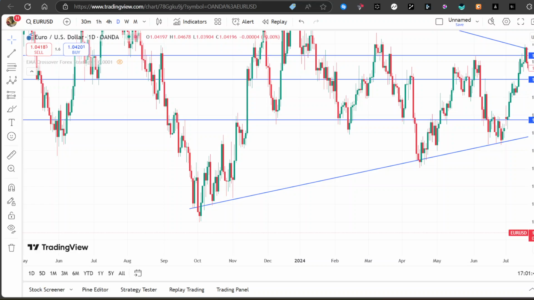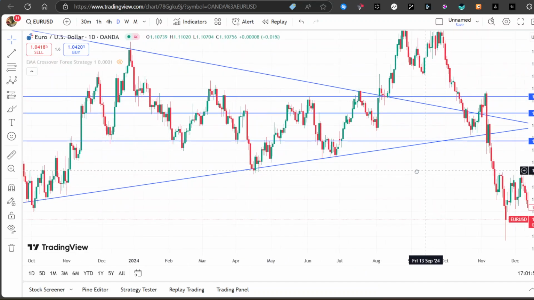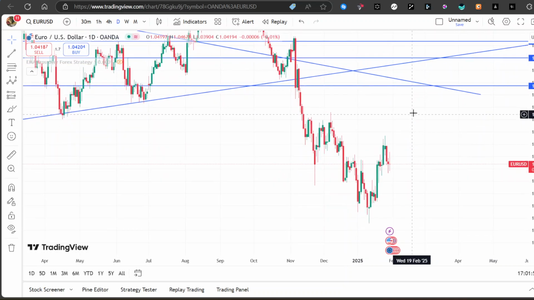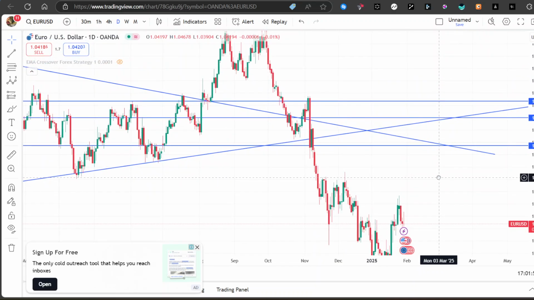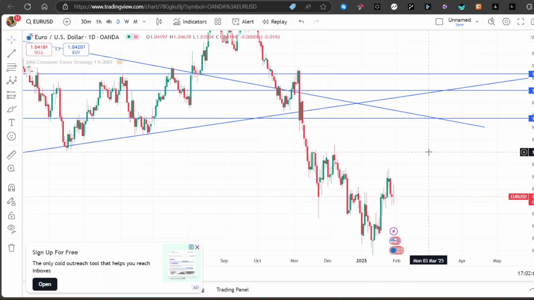The 3 waves make up the corrective wave, where the price retraces before continuing the trend. Understanding these patterns can help you anticipate price movements and trade with more precision.